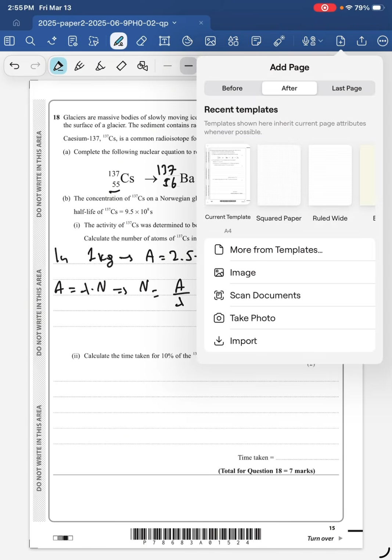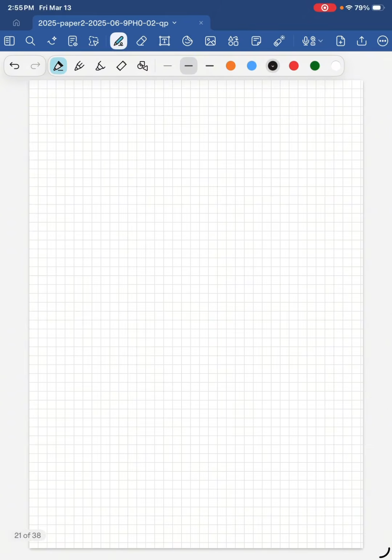Okay, so let me use a clean page. So N is simply 2.5 times 10 to the 4 times 9.5 times 10 to the 8, which is the half-life, over ln of 2, which is 3.43 times 10 to the 13 atoms.